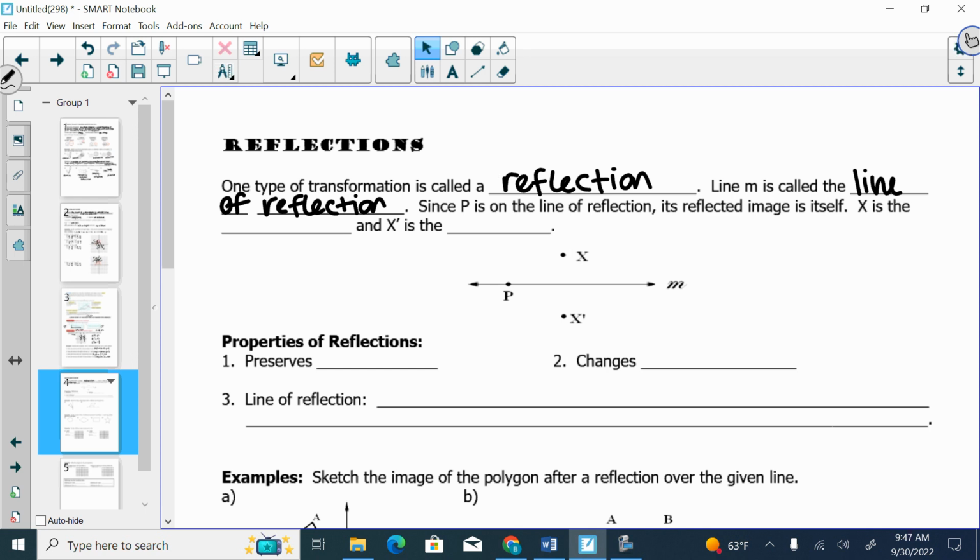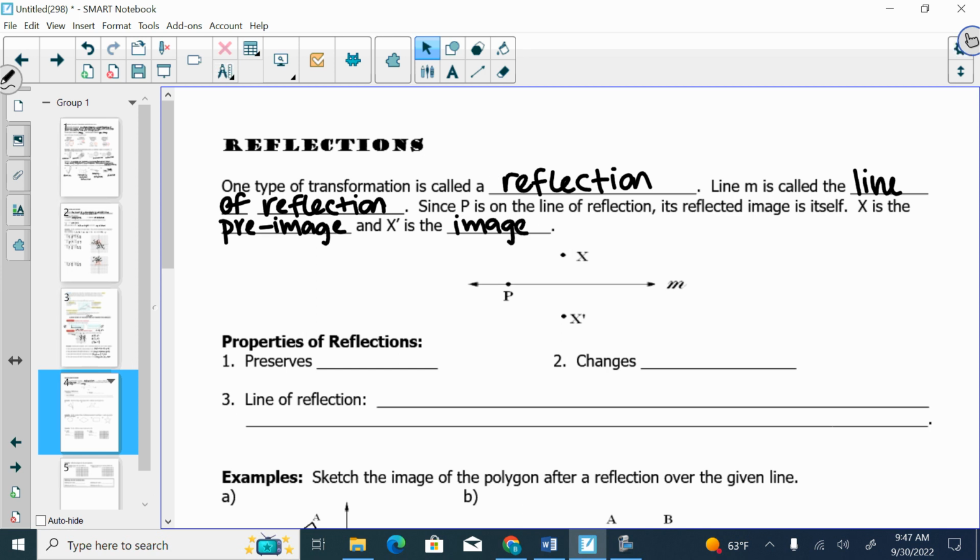Since P is on the line of reflection, it's a reflected image itself. X is the pre-image. And X prime is the image.